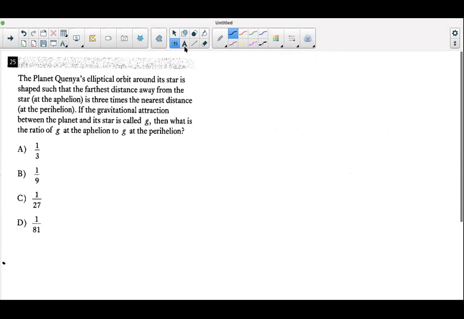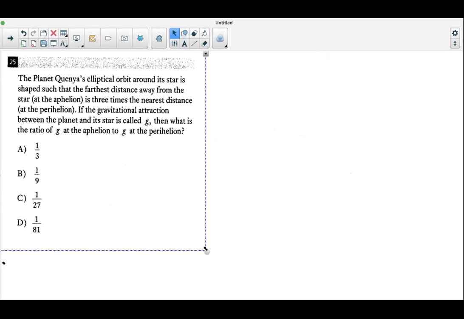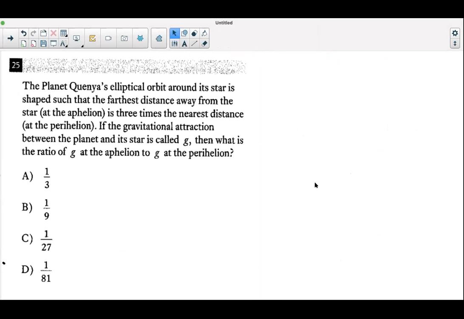In case of number 25, what are we looking at here, guys? Okay, planet Q's elliptical orbit around its star is shaped such that the farthest distance away from the star is 3 times the nearest distance. Okay, so 3 times the nearest distance.